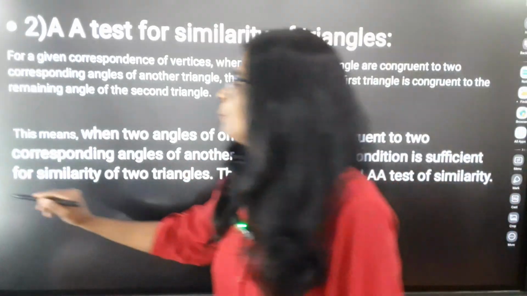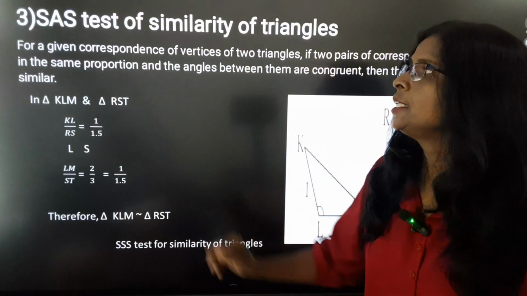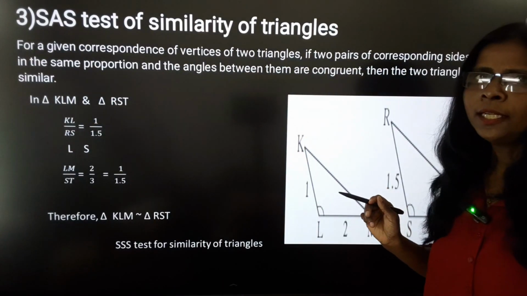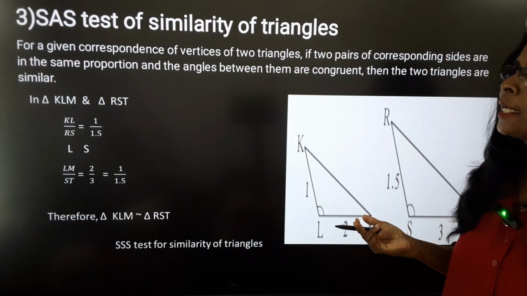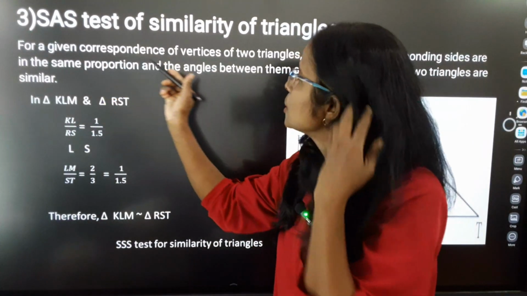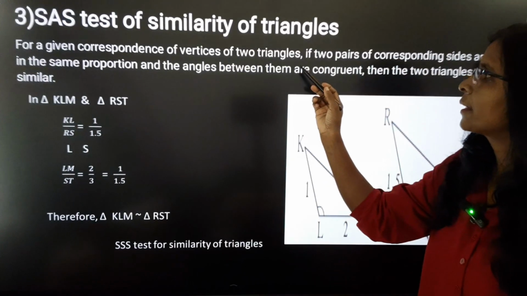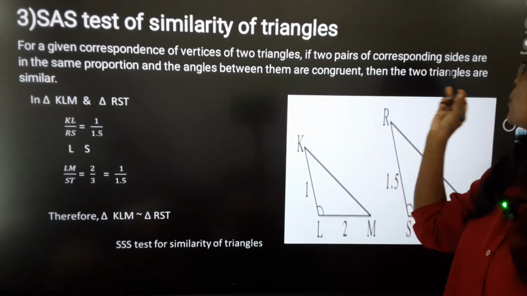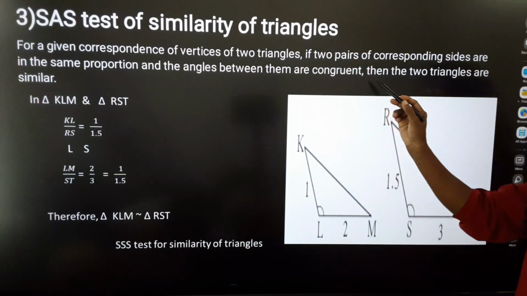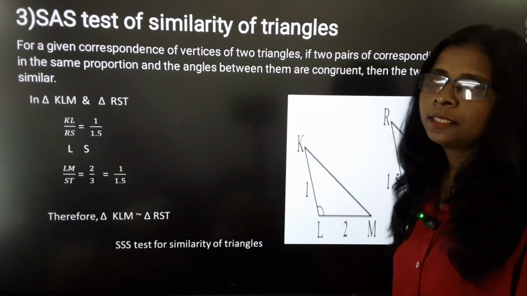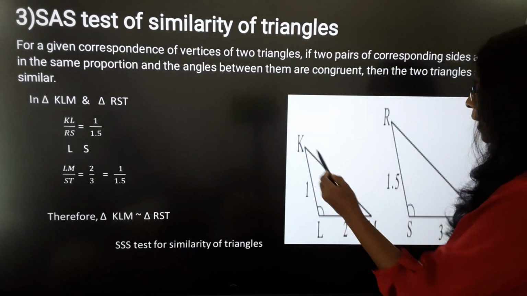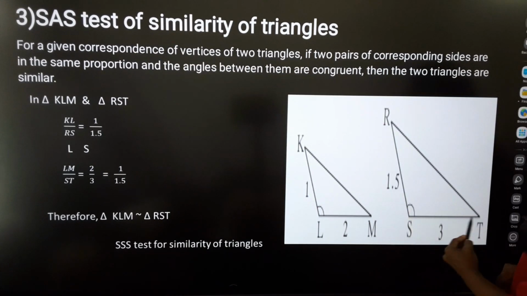Now the third condition, the SAS test of similarity of triangles. This test says that for a given correspondence of vertices of two triangles, if two pairs of corresponding sides are in the same proportion and the angles between them are congruent, then the two triangles are similar. See, there are two triangles, triangle KLM and triangle RST.